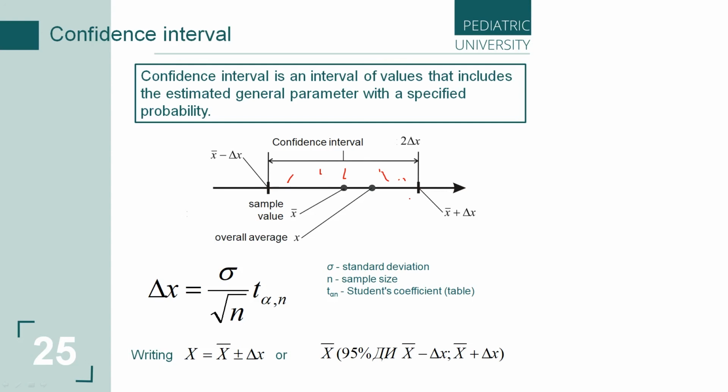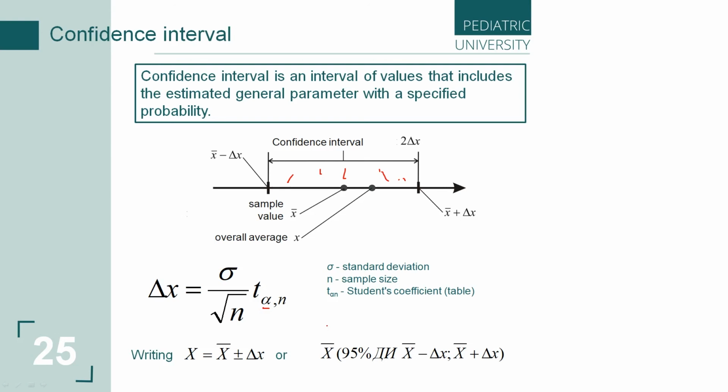This half-width is calculated by the following formula, where sigma is the standard deviation, n is the sample size, and t alpha n is a table value. The name of this value is the Student's ratio. It depends on alpha, which is the probability of error that we are laying down, 10%, 5%, or 1%, and n is the sample volume, how many numbers are in our sample.